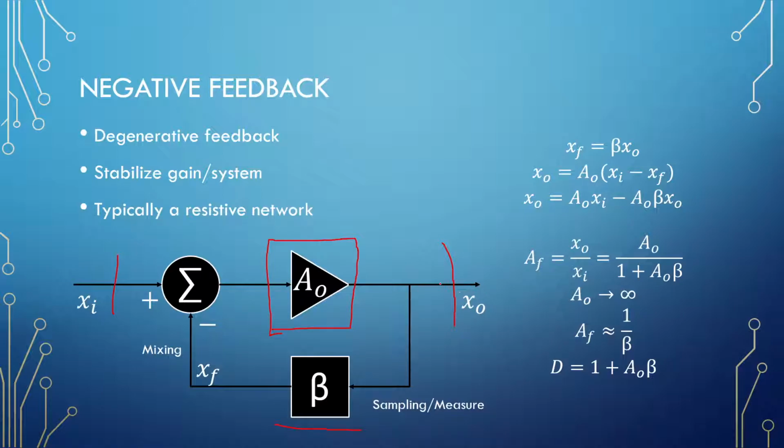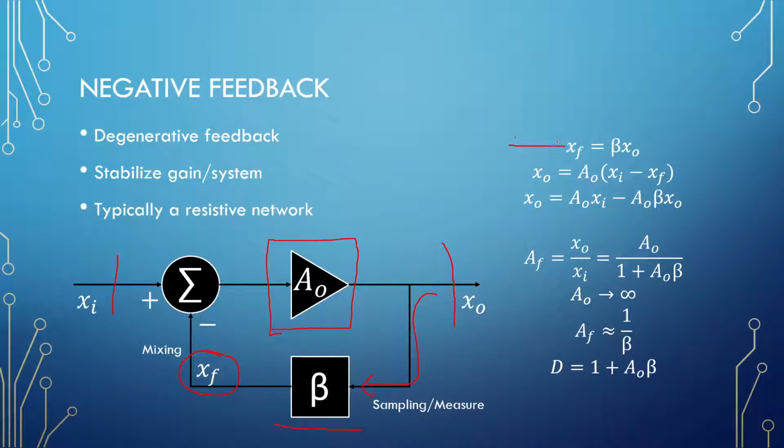Okay, so the output of the amplifier is sampled by the beta network, or measured, and then it gives us a signal called XF here, or the feedback signal. So the feedback network can be defined as XF, because it's its output, over XO, because it is its input.